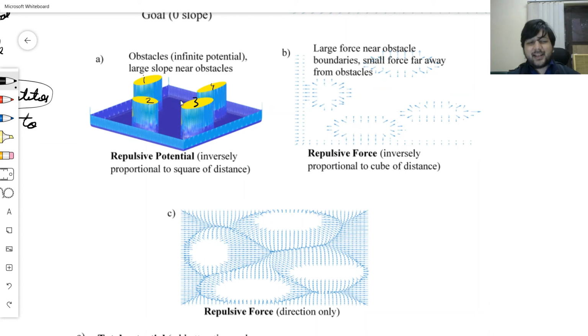The forces are infinite, and at any point it shows a nice curve like this, which is not visible around over here. It decreases by the cube of the distance. So as I go near, I feel a strong force outside it, and that's what you see. Very large force values pointing away from the obstacle. Far, far away from the obstacles, nothing.